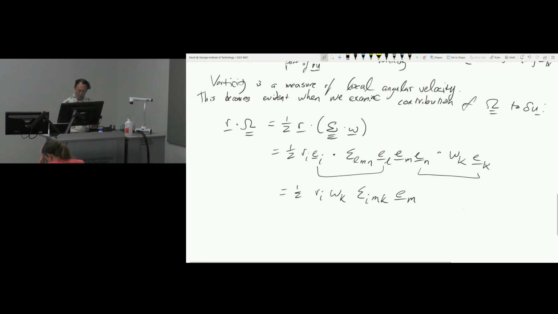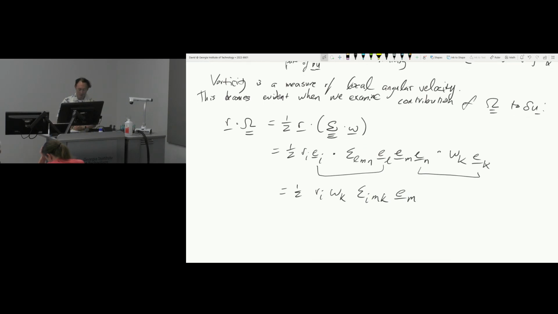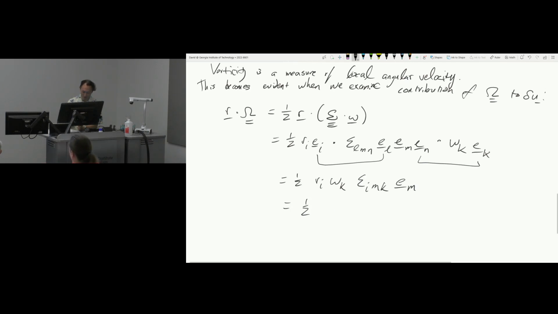All right, clearly the only things left now are some component of the r vector, some component of omega, and this epsilon. This epsilon is screaming that it is basically a cross product. So let's rearrange it to a version, and I'm going to be super, super pedantic, something that we know.